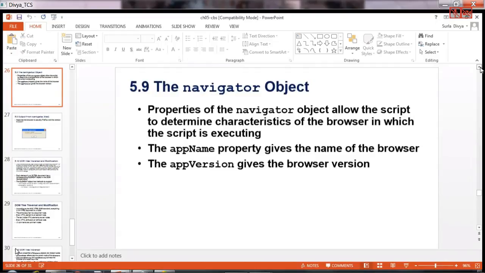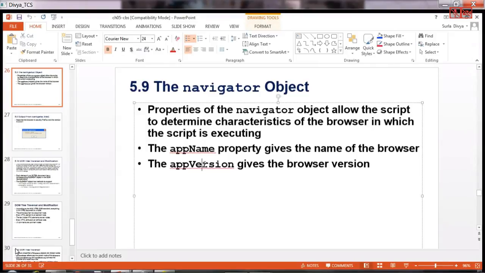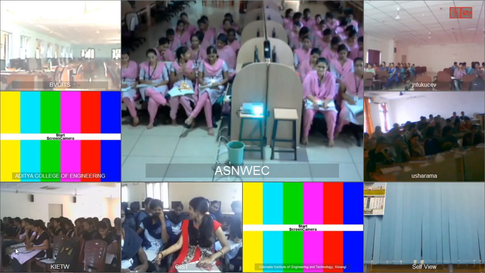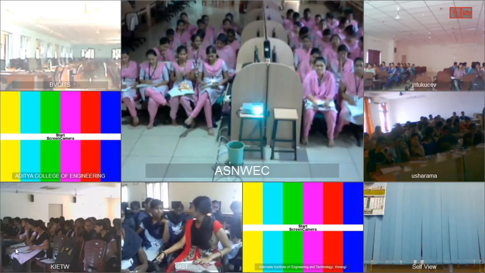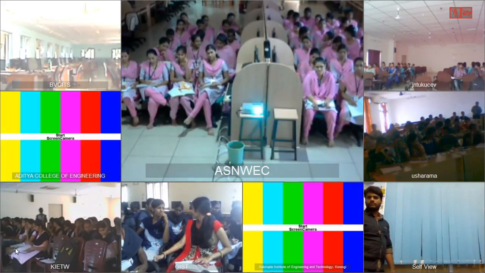For example, you are currently running your program in Firefox or Chrome. If you want to know in which browser you are currently executing your program, with the help of the app name property you will be able to know that. And using the app version, you will be able to retrieve the version, like version 14 of Chrome.